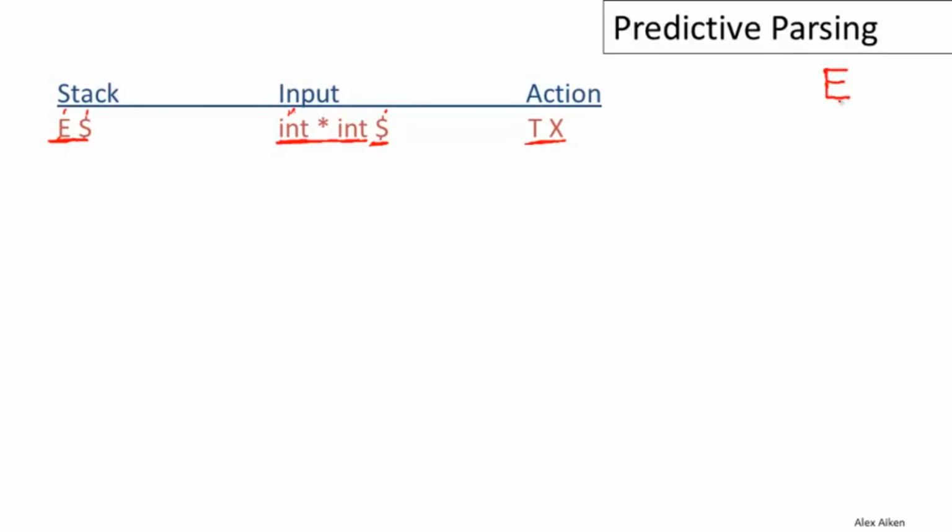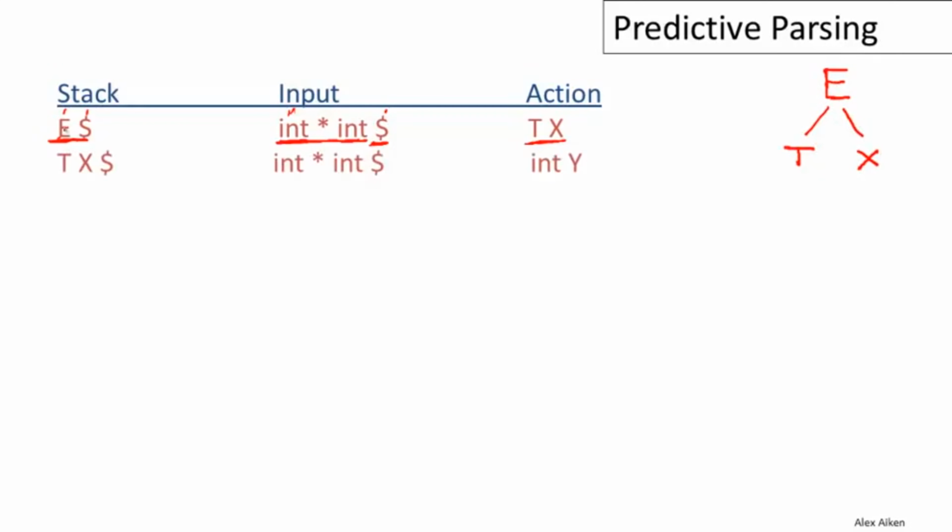Initially, the stack is the frontier of the parse tree. All we have is the root of the parse tree, and that is its own frontier. It's just one symbol. We haven't processed it yet. And so E is on the stack. E is unexpanded in the parse tree, and now we're going to use the production E goes to TX. And so we'll have T and X added as children.